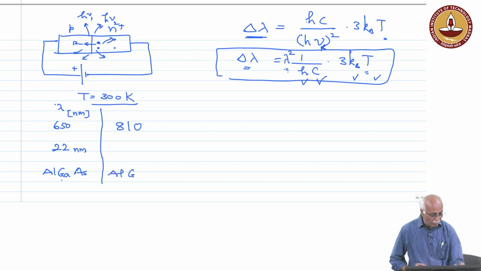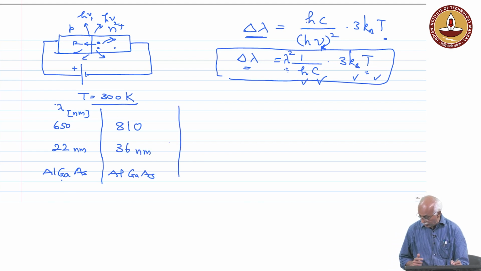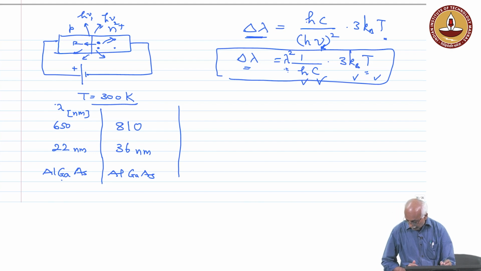In that case we end up with 810 nanometer, and as the wavelength increases, the spectral width at room temperature will also be wider. If we go around 940, let us say 950 nanometer, which is again gallium arsenide, the material will emit with a spectral bandwidth of around 55 nanometer.